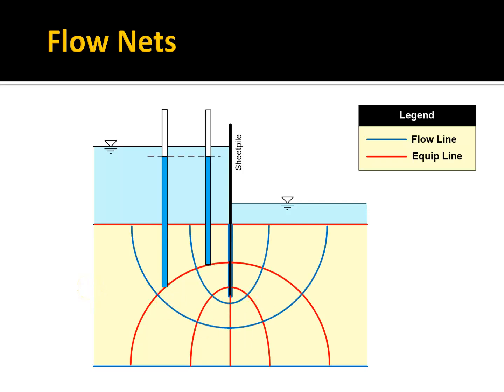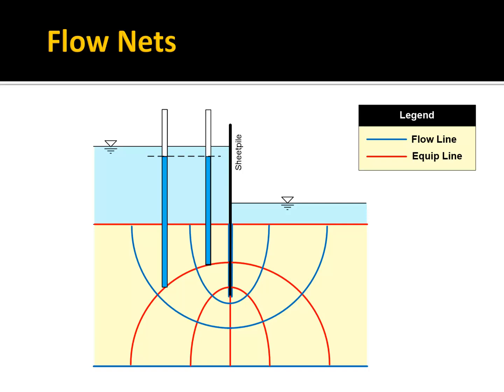The next thing you would do is draw a series of flow lines, which are drawn perpendicular to the equipotential lines. These flow lines represent the flow directions, so the flow would be parallel to these lines.